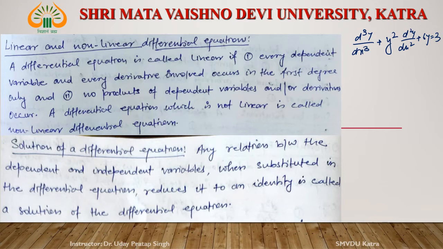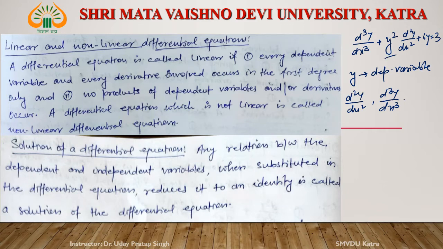Is this differential equation linear? No. What is the dependent variable? y is the dependent variable. What are the derivatives? There are two derivatives involved in the differential equation, d2y by dx2 and d3y by dx3. A differential equation is linear if every dependent variable and its derivative is of first degree only.